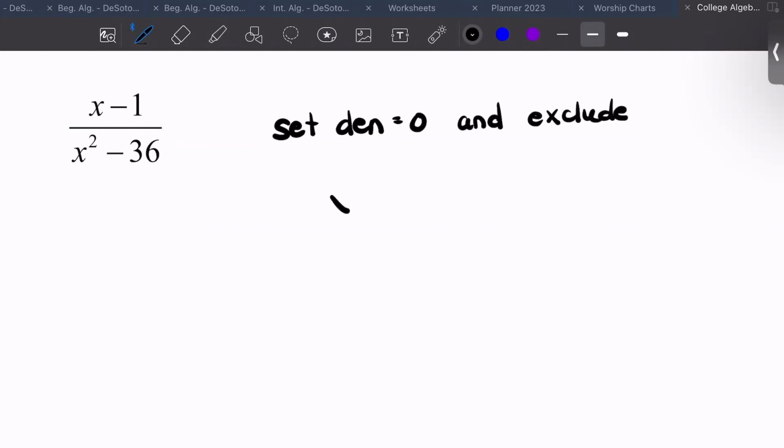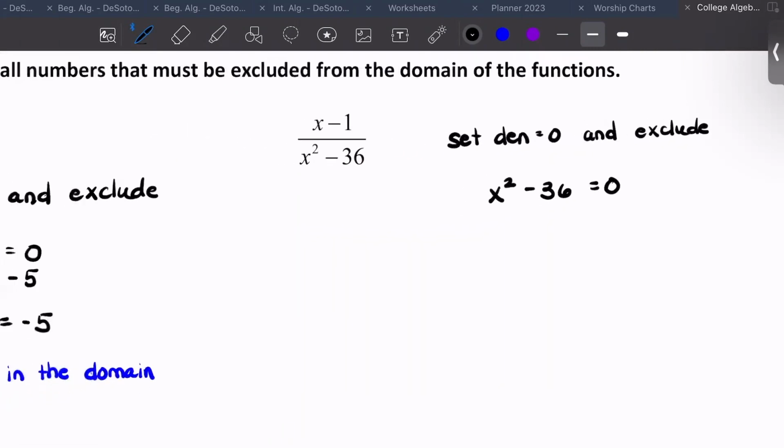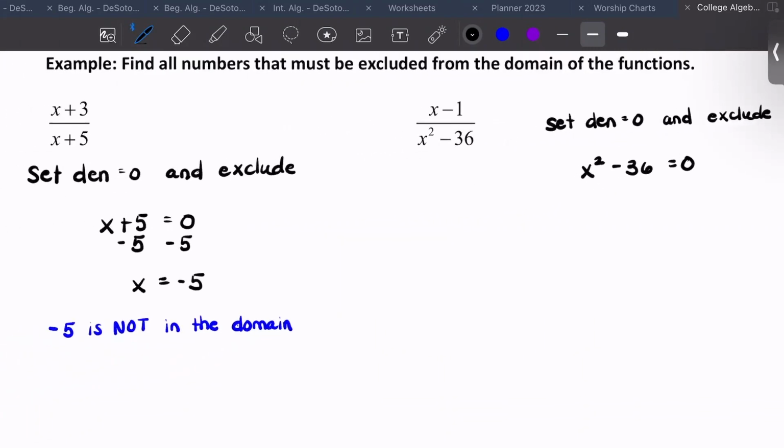Our denominator is x squared minus 36 equals 0. Well, now we have a quadratic. Over here we had just a linear, right? We just subtracted 5 and we were good.